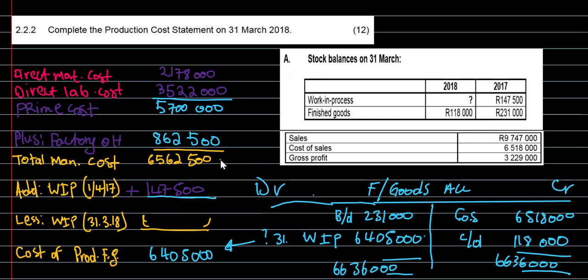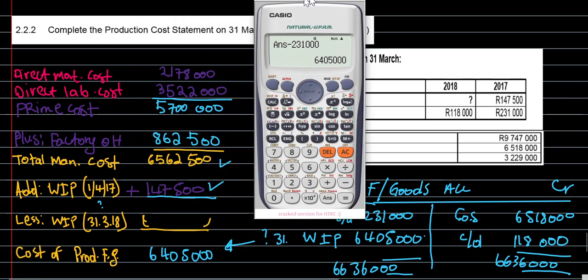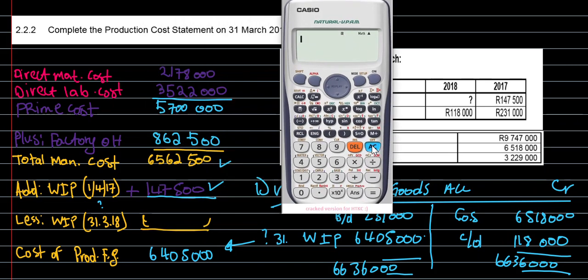Now let's deal with this one first. If you take this money and you add that money, how much are you going to get there? Let's add 500 plus 147,500.